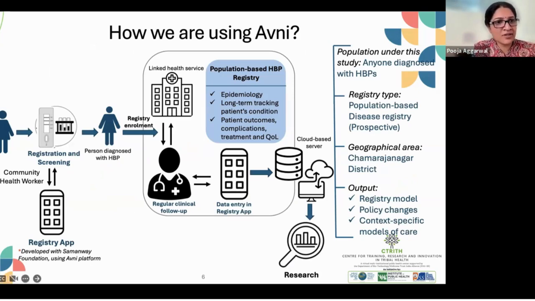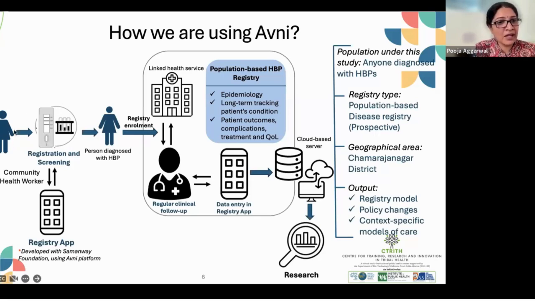All components of the registry, starting from registration and screening. We conduct the screening test for the population, and once a person gets identified with the disease, we enroll the person in the registry and then manage the disease for the person.